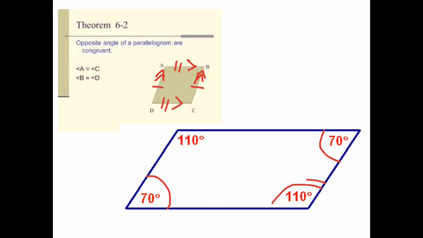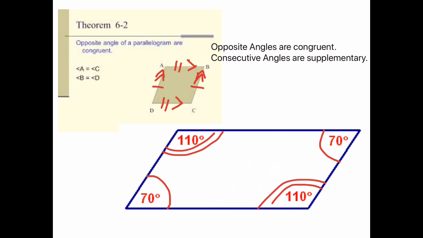While opposite angles are congruent, something else to notice is that consecutive angles are supplementary, meaning they add up to 180 degrees. So if you notice here, both of the ones on the left-hand side, 70 degrees and 120 degrees add up to 180, because those are consecutive.